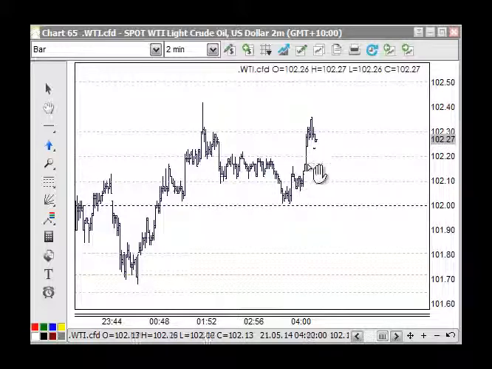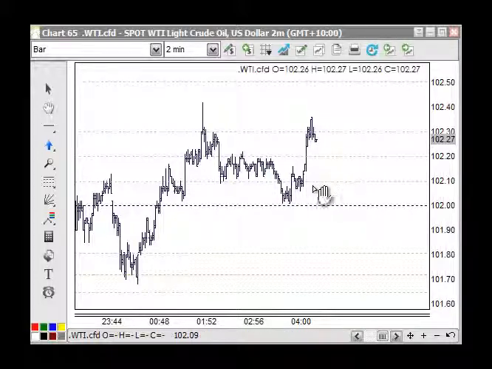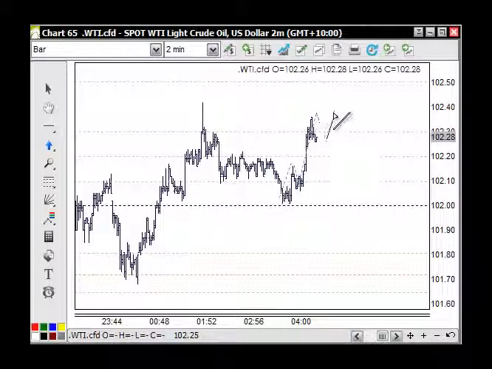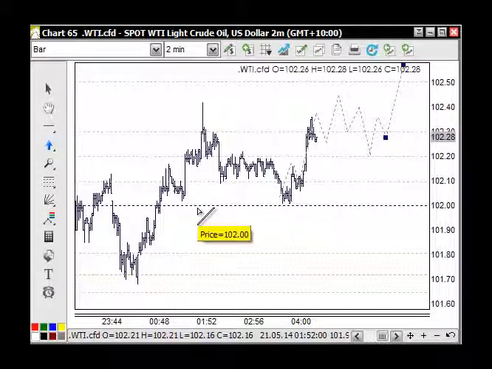But you can count the little 5 waves up through here as well. So let's just trace them out. We've got the 1, 2, 3, 4, and there'll be 5. Then there'll be the A, the B, and the C. Can come back to the 102 here and then move up from that point there. So it'll be something like that. That's a classic trading levels pattern to some degree.